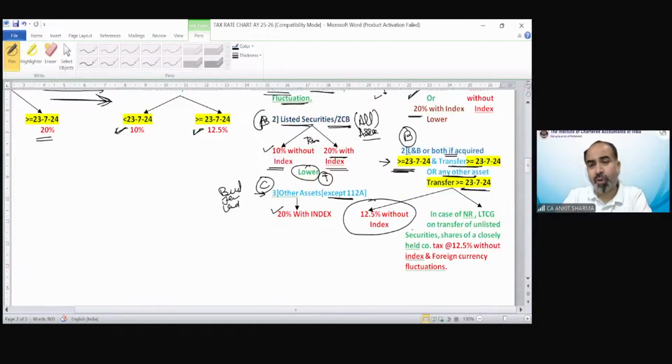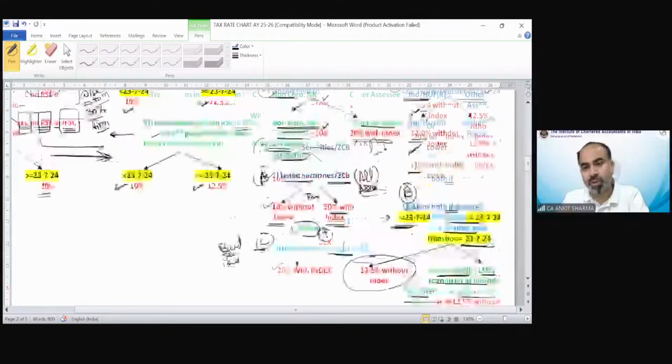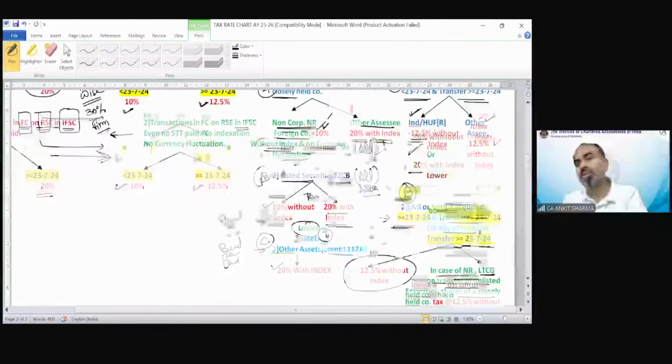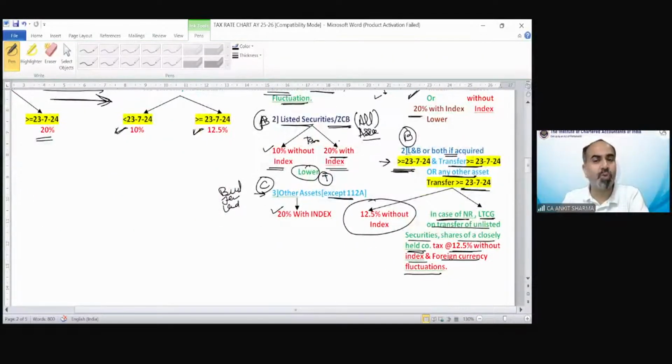In case of a non-resident, long-term capital gain on transfer of unlisted security, shares of a closely held company, which was the A case, tax would be 12.5%, without index and without foreign currency fluctuation. So this 10% has been increased to 12.5% if the transfer is on or after 23rd of July 2024.